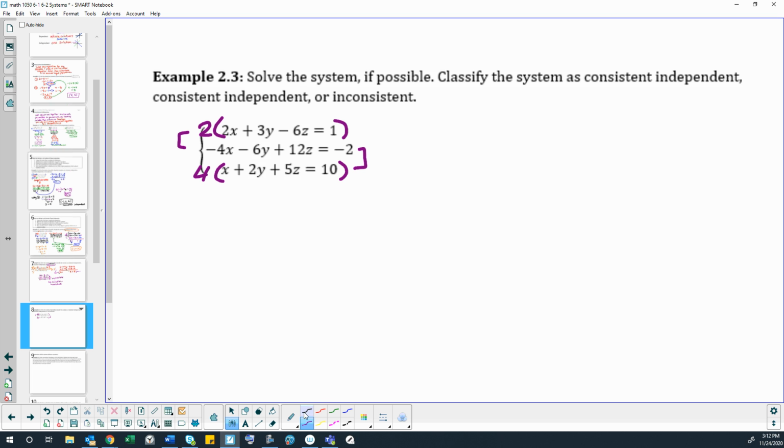Does that make sense? Okay, so multiply this one by 2. Multiplying by 2, I get 4x plus 6y minus 6. Oops, I'm messing up again. I gotta erase it. Minus 12z equals 2.